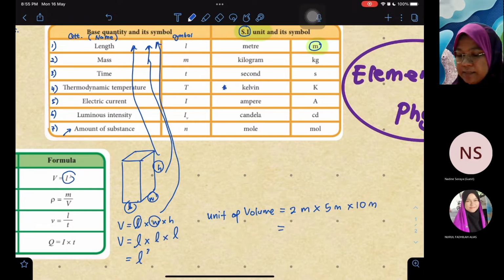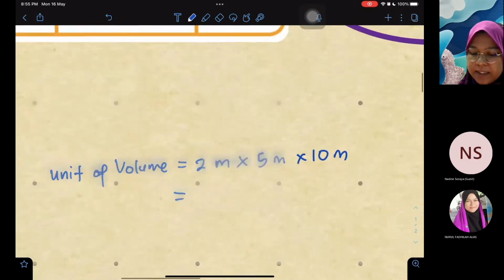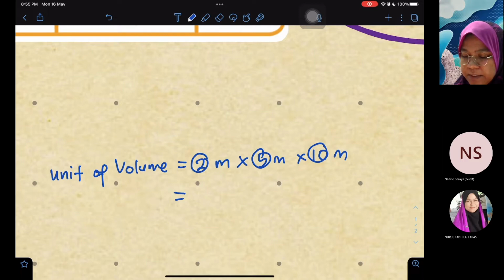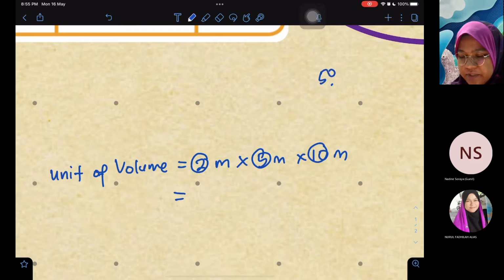So this is mathematics. You dah belajar dalam maths. Basic maths kan? So kita ada numbers, so you can multiply all the numbers. 50 times 2 berapa? Betul?